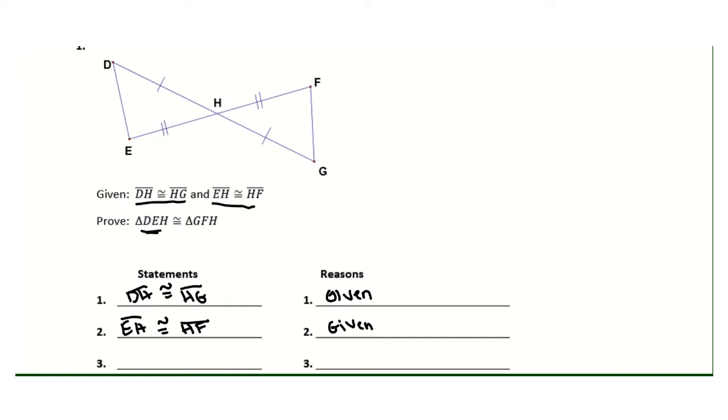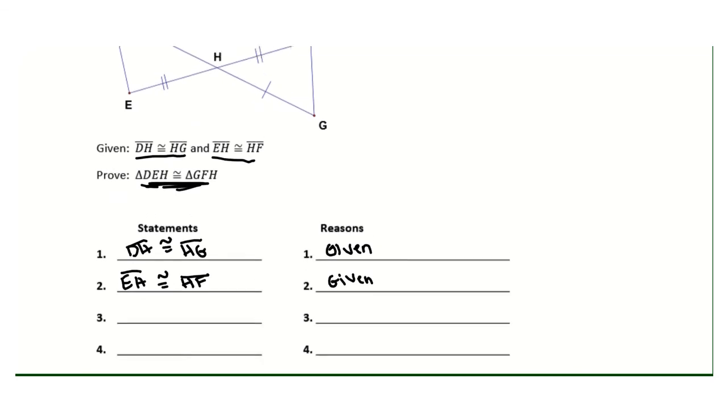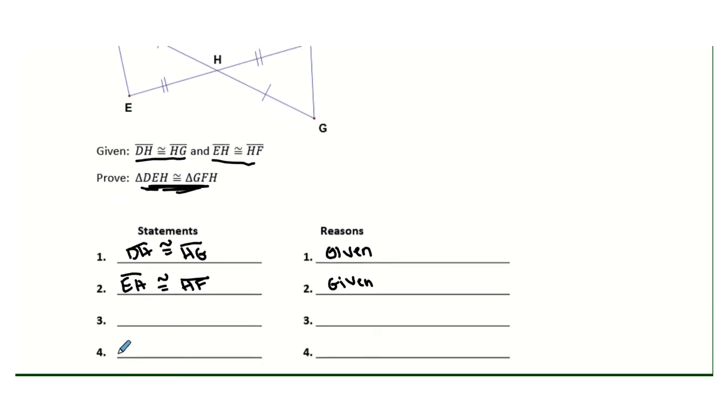That's what we're trying to prove right here. So you know the statement that you're trying to prove is always going to be the last thing. So I know that my final statement is going to be triangle DEH is congruent to triangle GFH. So I'm trying to go to here, my final step. I got to figure out how I can get there.